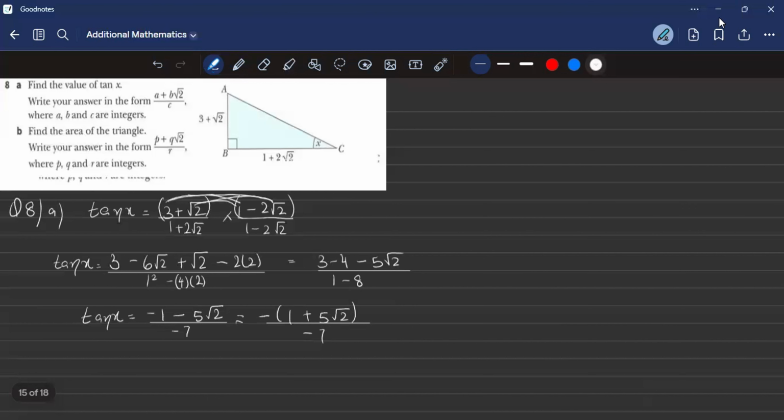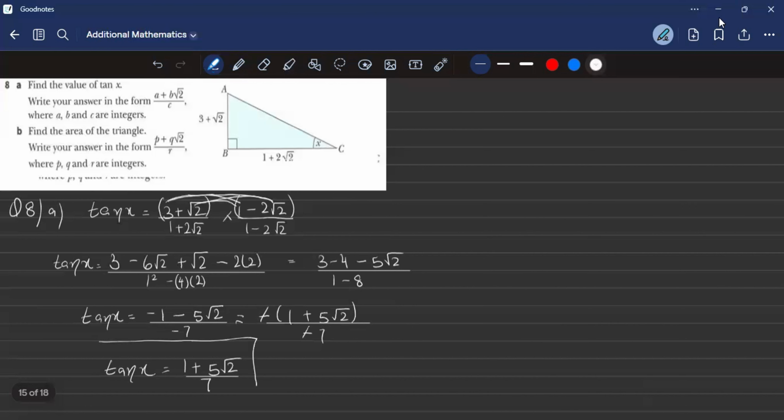Now we cancel the negative signs from the denominator and the numerator and we get a positive value, which is much simpler. Tan x is equal to 1 plus 5 root 2 divided by 7. And that's your answer for part A.